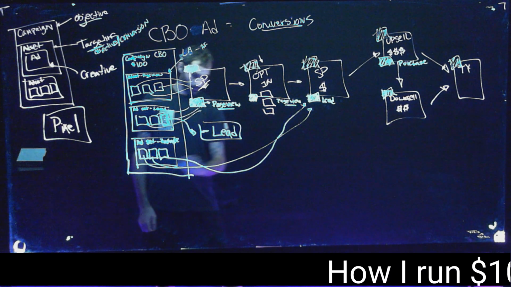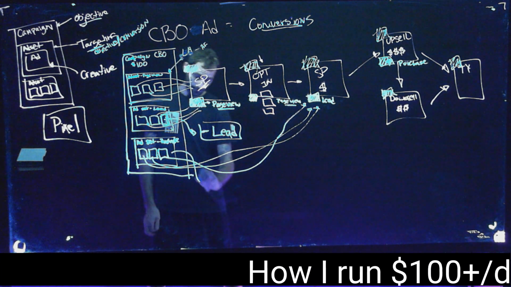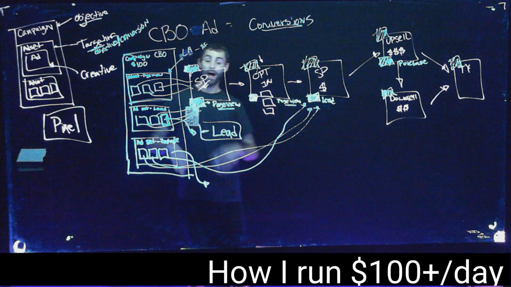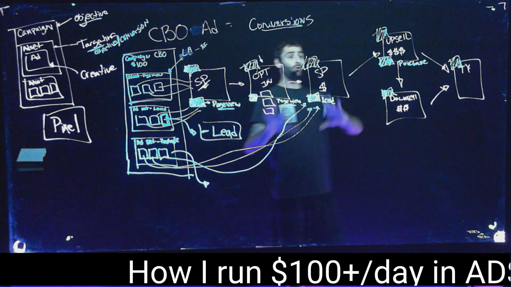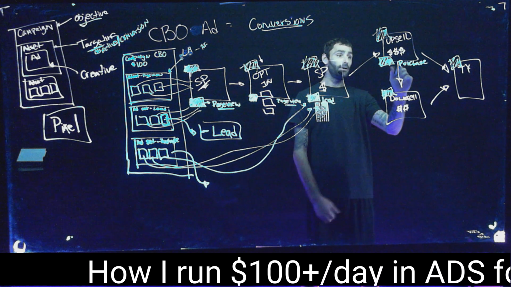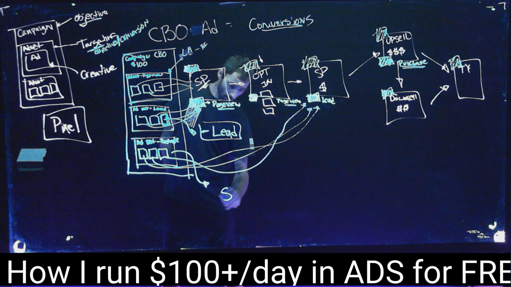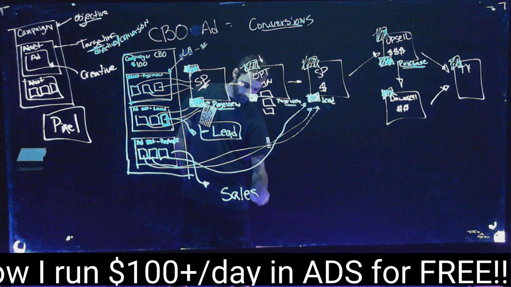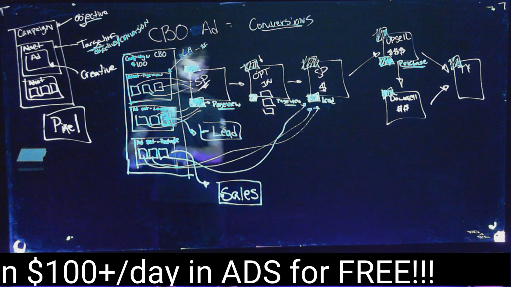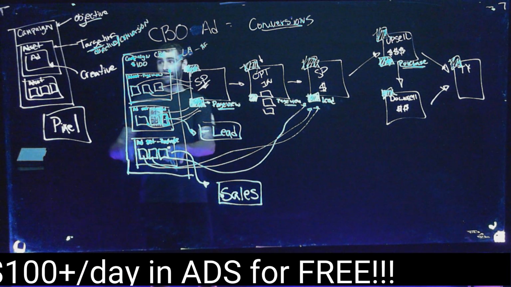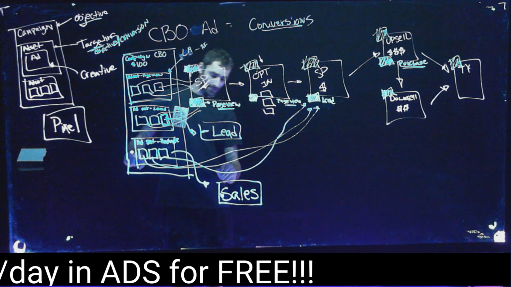And over here, again, I've gone into Facebook and created another audience of people who have come through this funnel and made a purchase. So I create another audience called sales, and I subtract my sales from this audience. From the people I'm targeting, I subtract my actual sales, and I subtract my leads.